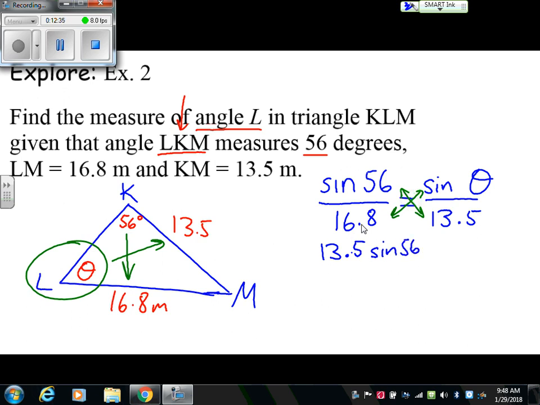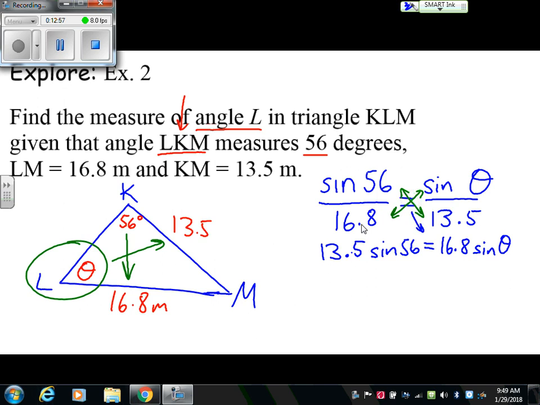And then I'm going to set all that equal to 16.8 getting multiplied by sine of theta. So I haven't really done much math. Technically, I've multiplied across the equal sign. I made sure to bring down my equal sign.